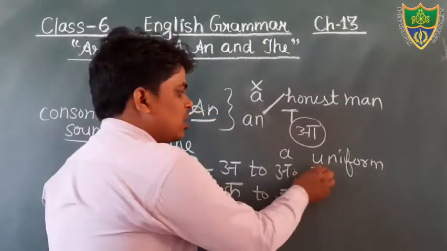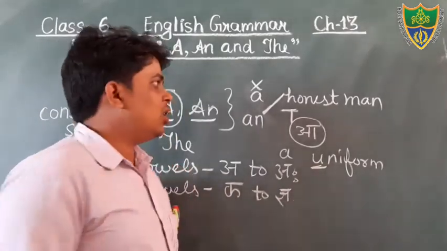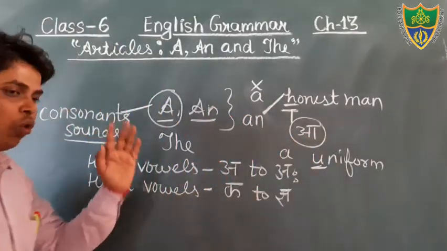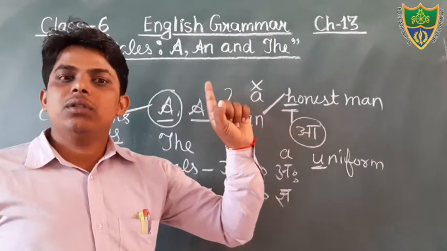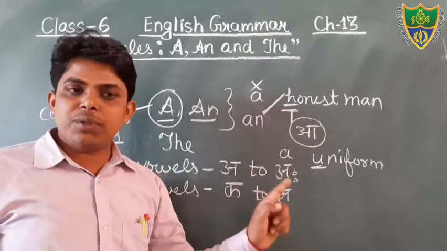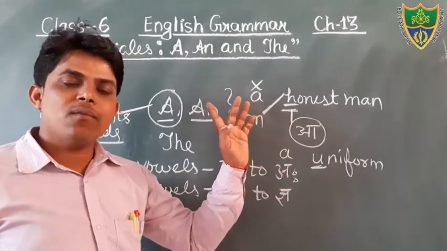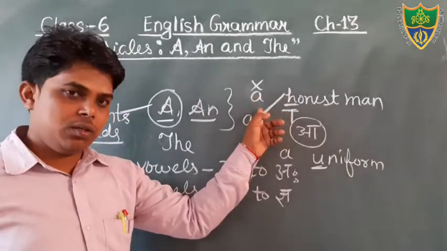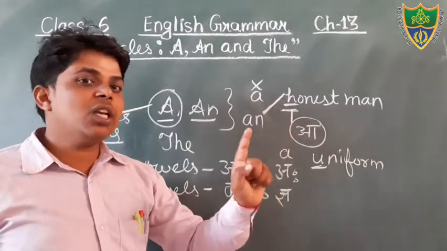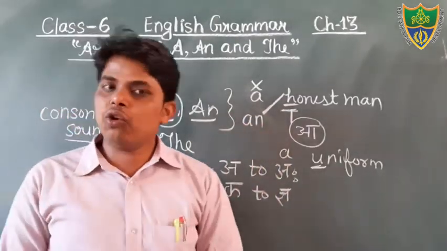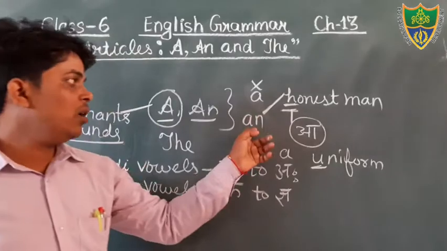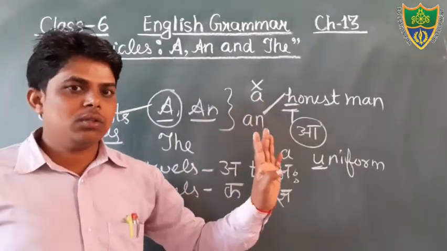It doesn't matter whether the letter is a vowel or a consonant, you have to check the sound. We use article a before the words that give the sound of a consonant. If it is giving the sound of a vowel, then we will use the article an. Okay students, I hope everything is clear. The use of a and an are both clear to you.